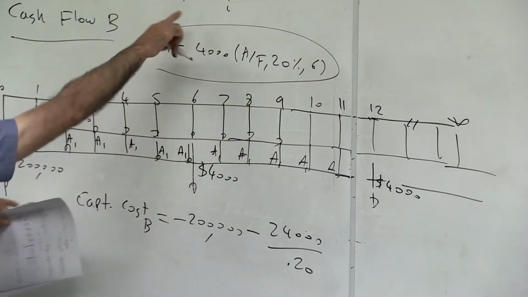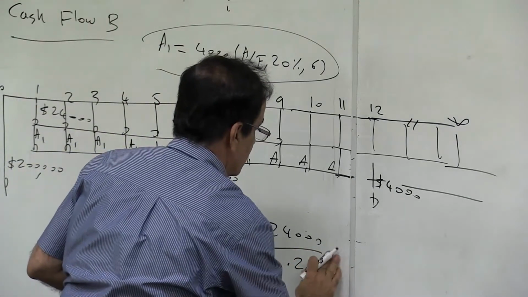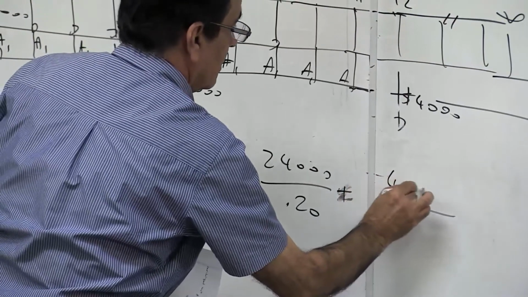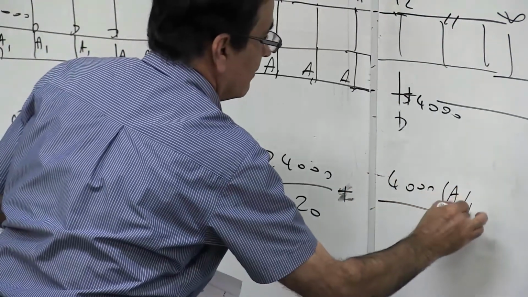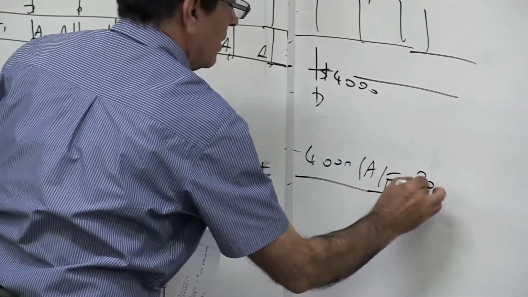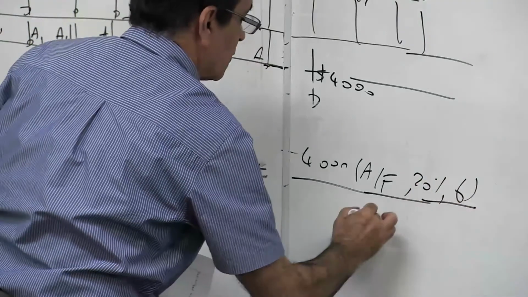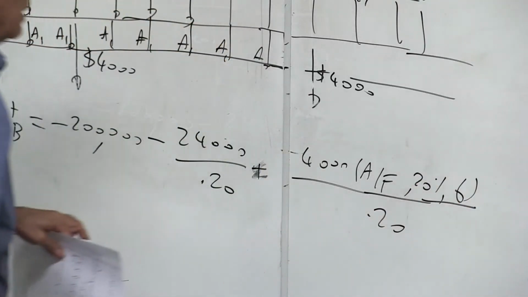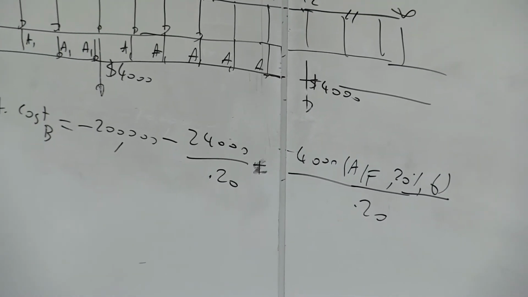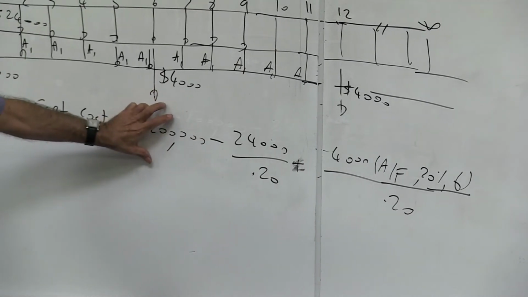See that? Because this payment was every 6 years, I made it uniform, which is this much. Now I can use this equation. So basically, this is going to be plus the A1, which is 4,000 times A given F, 20% and 6 periods, divided by the interest rate. So that's going to give you the capitalized cost associated with this alternative. Remember, I'm going to repeat this. This is the initial cost, that's the present worth value.